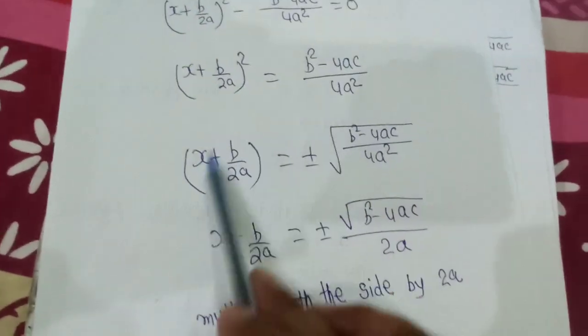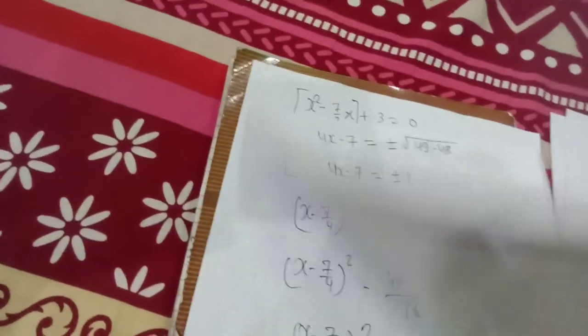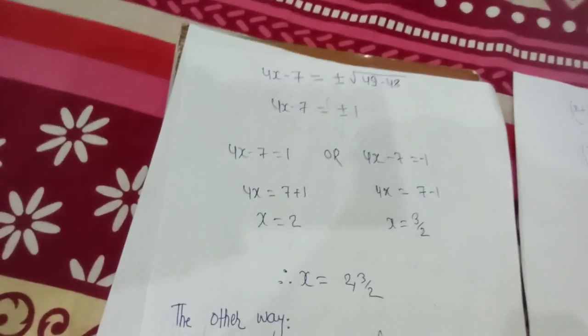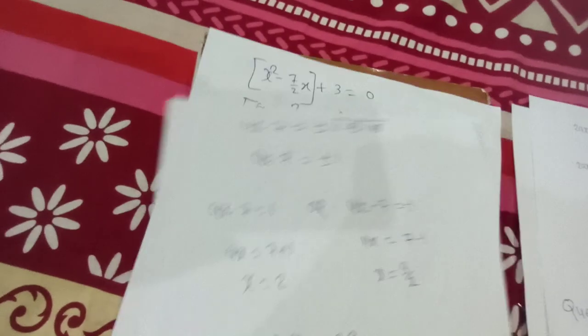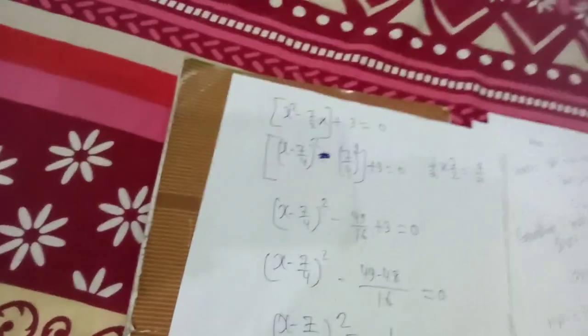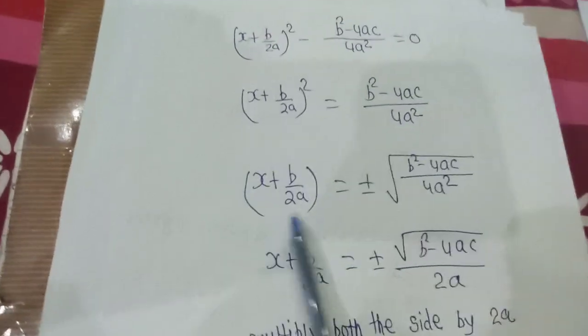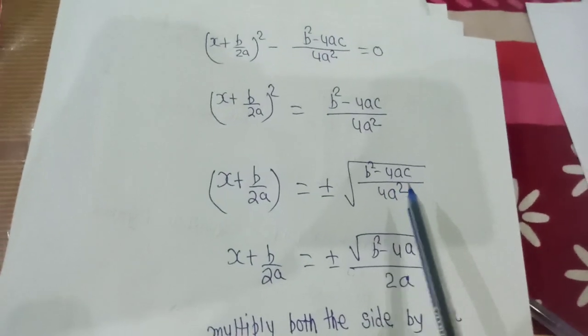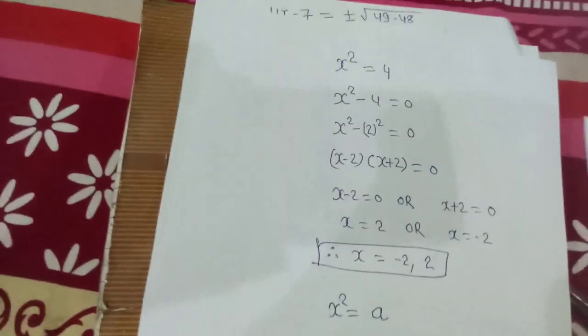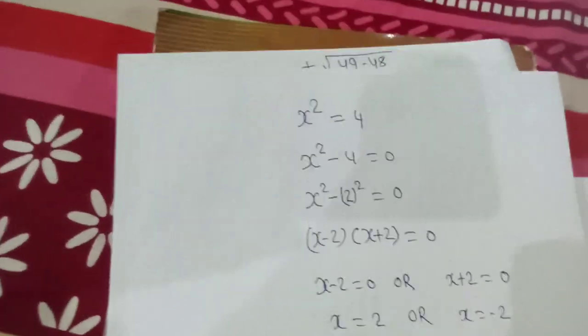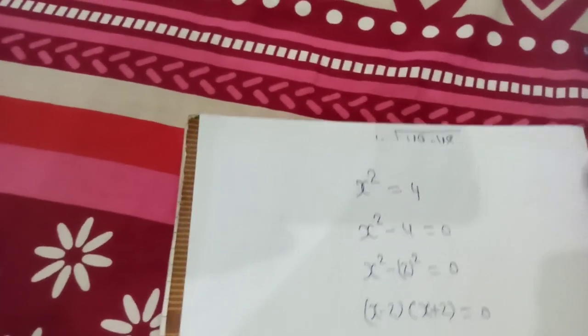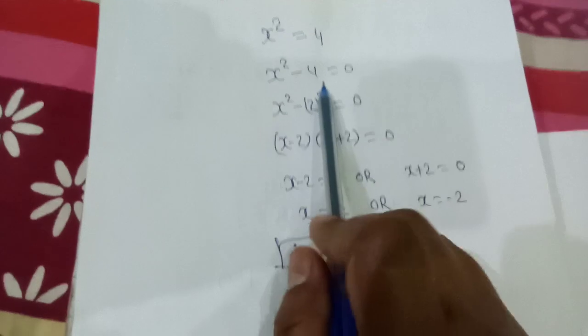If you want to know how this has come, you can see here, suppose we are given x square equals to 4, then we transpose this 4 to the left hand side.